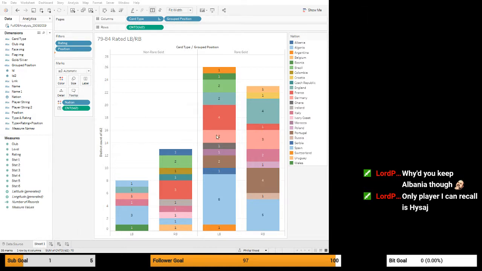Actually, it'd probably be easier to do the ones that I do want. What do we want? Exclude everything. We want Brazil. We want Argentina. Colombia. England. France. Germany.